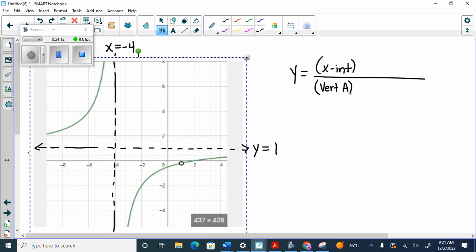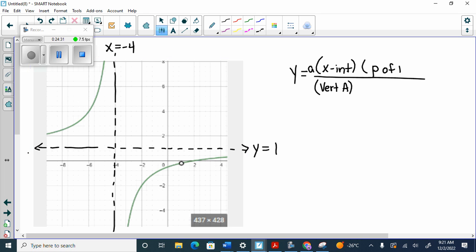So if you don't have a point of discontinuity, that's all you'd have: x-intercept, vertical asymptote, boom. We'd have to solve for the A value in front. There's going to be an A here because we could have a vertical stretch, and the vertical stretch doesn't affect your x-intercept at all. And your back is your point of discontinuity if it exists. But remember, it would have to be on both, the x of the point of discontinuity, here and here, and then it would cancel off.